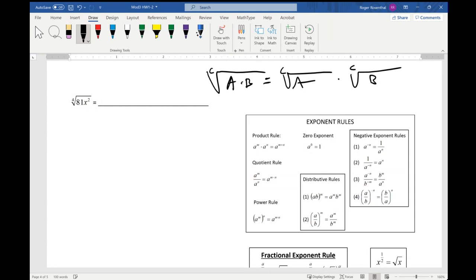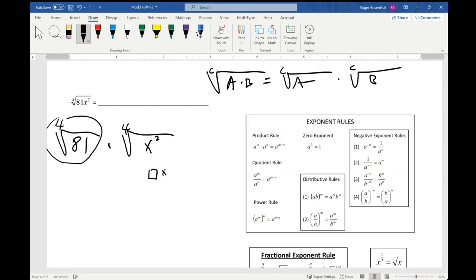So this I can split into the fourth root of 81 times the fourth root of x squared. Well, the fourth root of 81 is asking me, what number can I multiply by itself 4 times to get 81? And if you try it, you will see that is 3. So the fourth root of 81, that's 3.